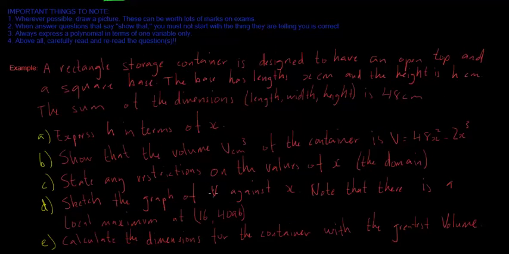We need to sketch the graph of V against x, and they're telling us here that there is a local maximum at 16, 4096, and then we need to calculate the dimensions for the container with the greatest volume. So what would the length, width and height be so that we'd have the greatest possible volume of a container?